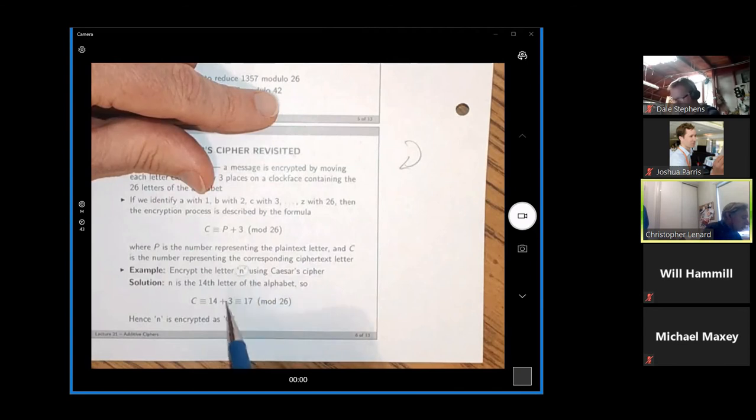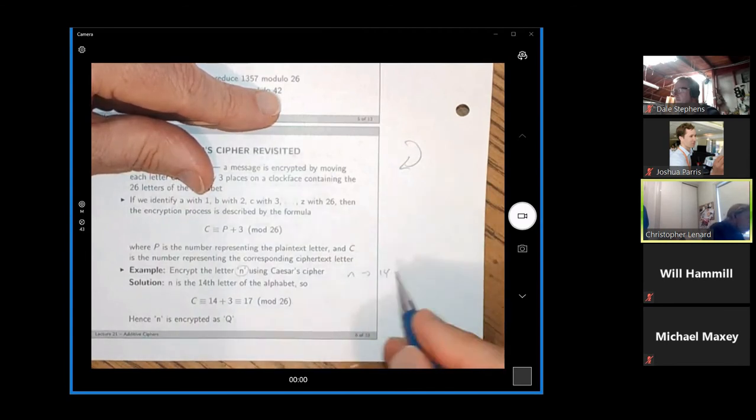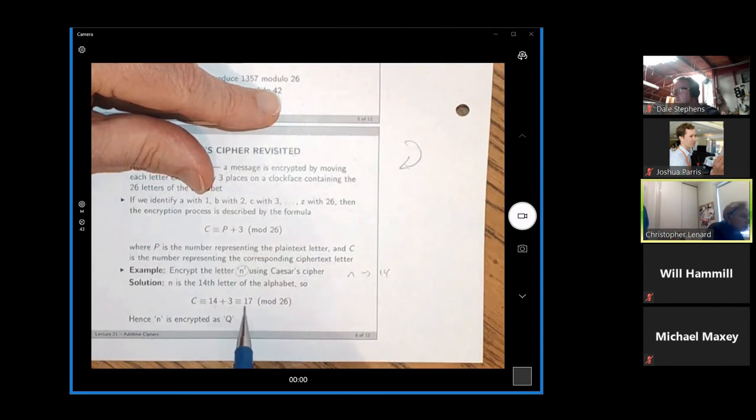So plain text N is the 14th letter of the alphabet. We take 14, we add 3, that gives us 17, and whatever 17 is, mod 26 is the number for our ciphertext.